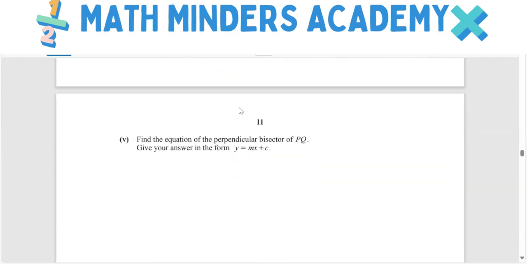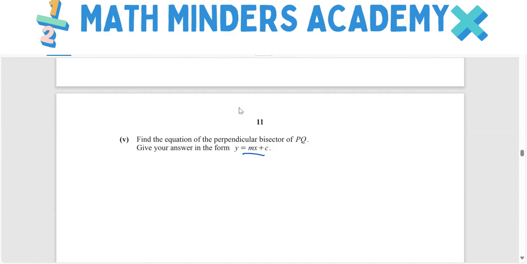Now let's move on. The fifth part of question number 5 says, find the equation of the perpendicular bisector of PQ. Give your answer in this format. For the perpendicular bisector, remember that the product of the slope of that line and the slope of line PQ will give us minus 1.